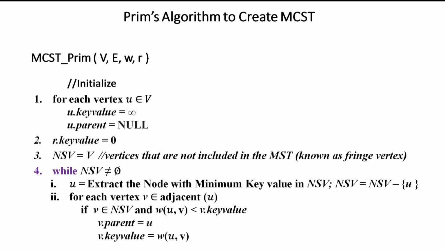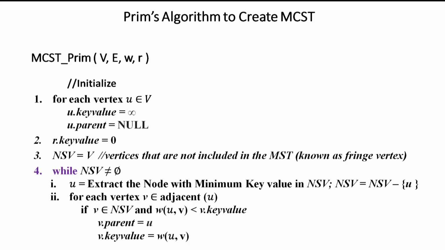Initially it is infinite and its parent is initialized to null, assuming that it does not have any parent. Then as we proceed further, the parent is decided accordingly, and the parent in a minimum spanning tree is the one from where the minimum cost edge is possible.